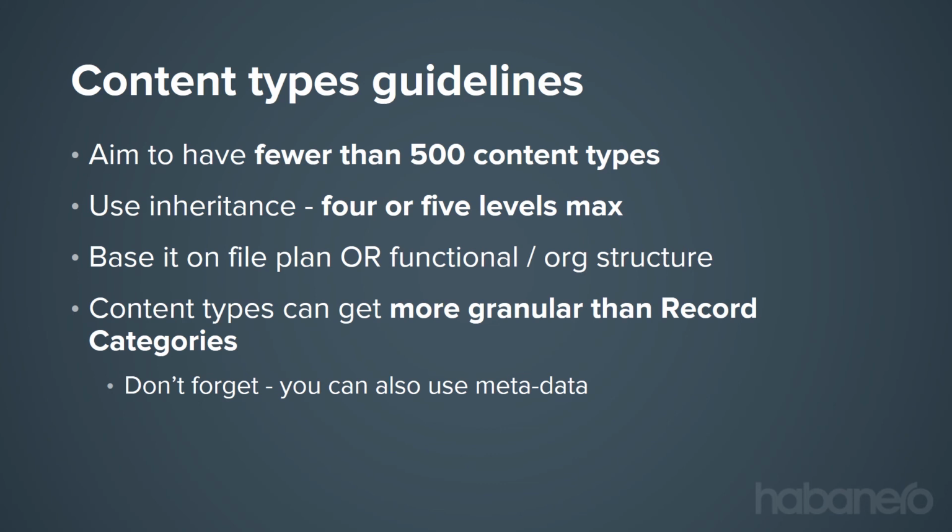As an example, employee information might be a single content type, but perhaps you want to identify which employees are in a given jurisdiction, so you can use a lower level content type to treat those records slightly differently. Then going one level further down, you may find a need to identify employees by their office location within a given jurisdiction. From a records management perspective, their office location may not be relevant.